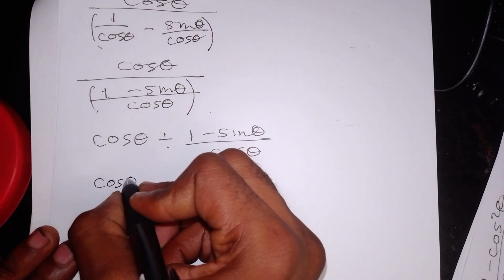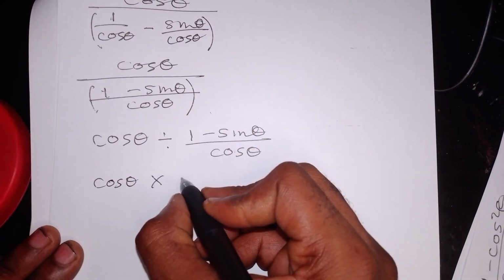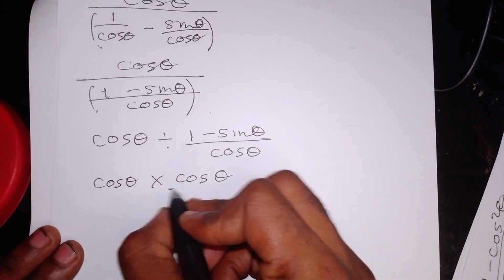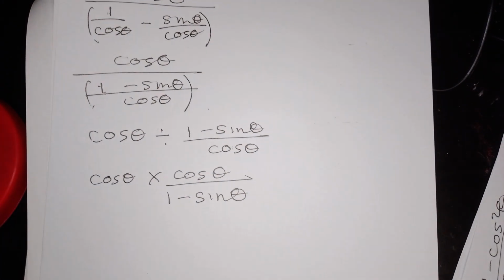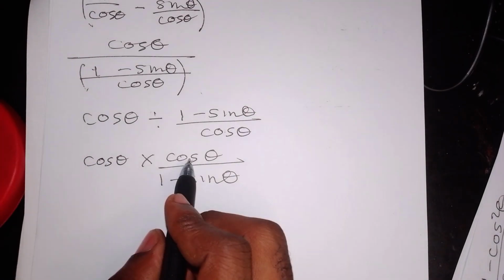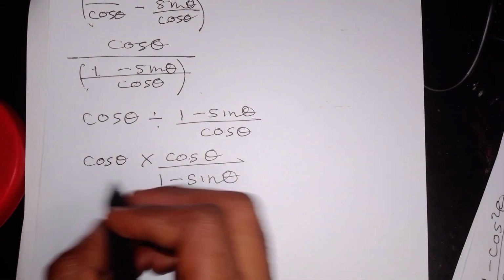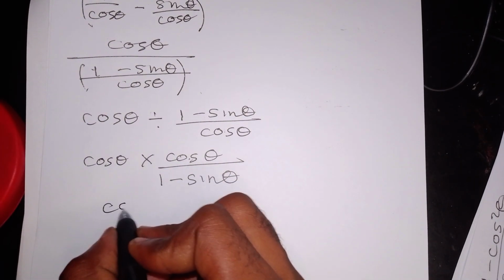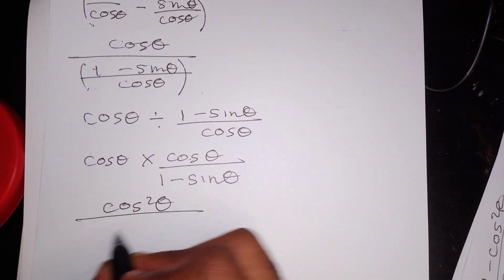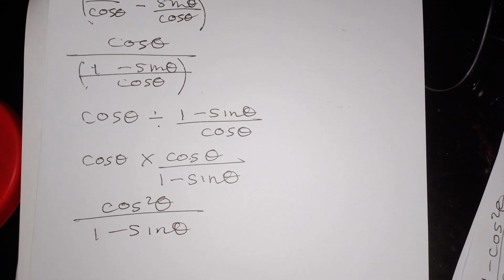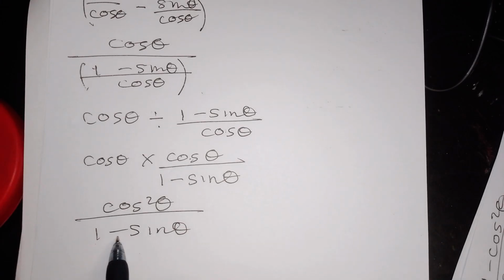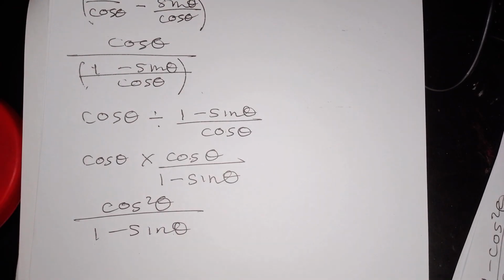So this will be cos theta multiplied by cos theta over 1 minus sine theta. So now we can multiply this by this and then say we have cos squared theta over 1 minus sine theta. So now you don't want 1 minus sine theta in the denominator. You don't want cos squared theta either in the numerator.